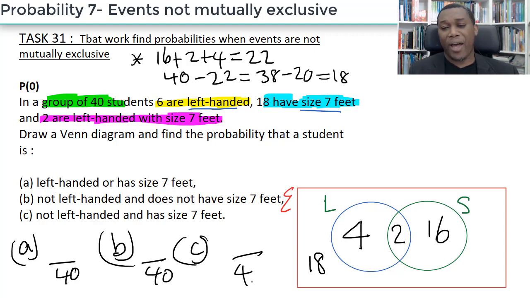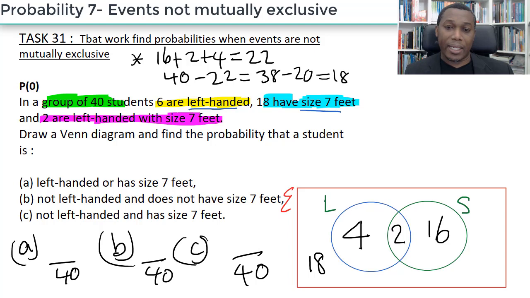You can simplify the answers after, but the question doesn't say anything about simplifying, so we're just going to use 40. In an exam, if you did that, you'll get full marks. It'll be fine.